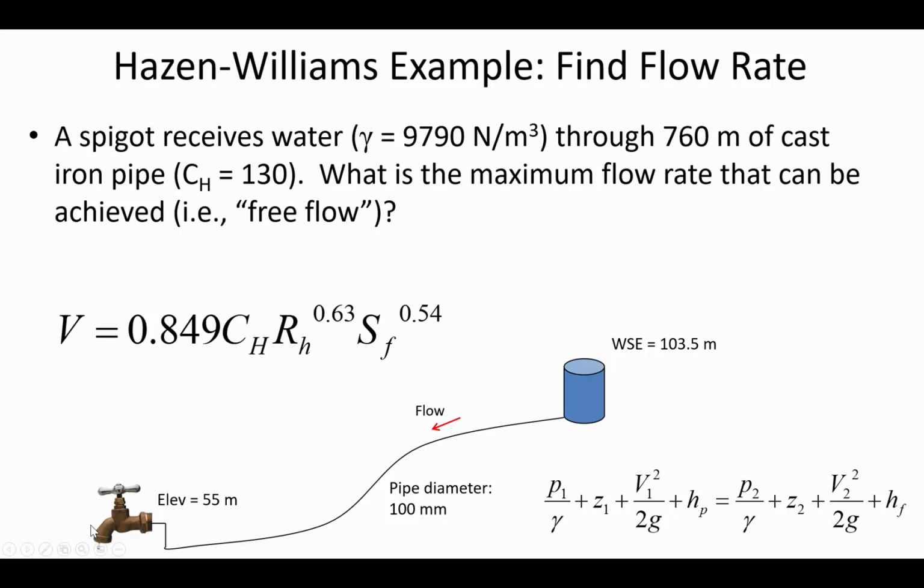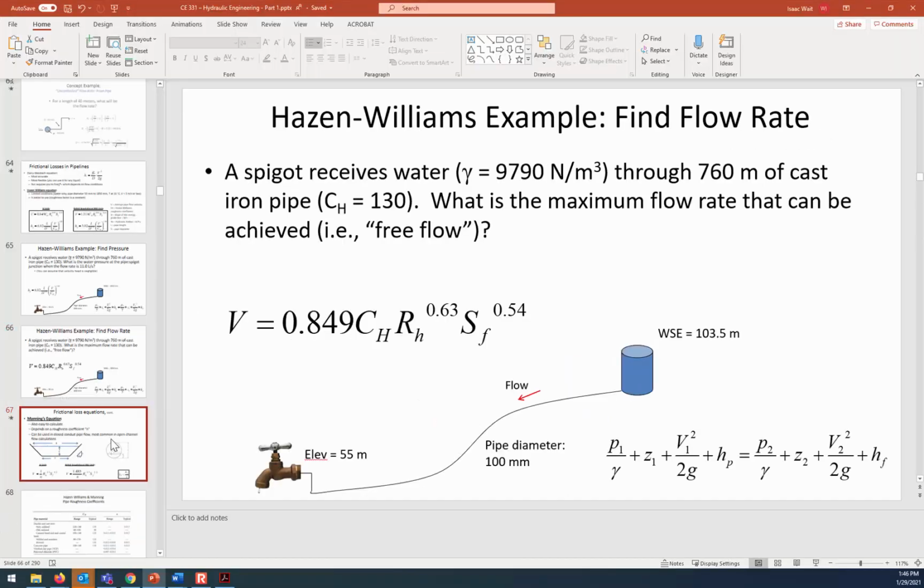Or if you made the pipe diameter larger, that likewise would increase the flow that can go through the pipe. Or if you made the pipe out of a smoother material that has a higher C value, then that would increase the velocity and accommodate more flow. Okay, so that's just an example of how to use the other version of the Hazen-Williams equation.